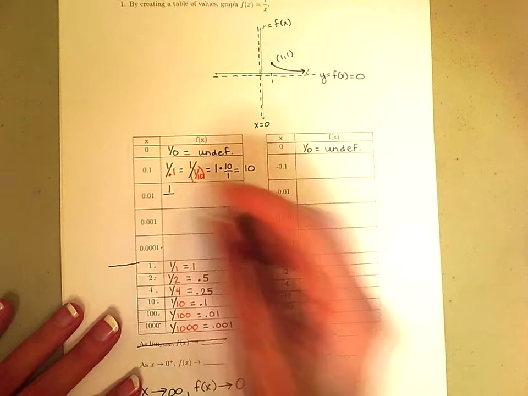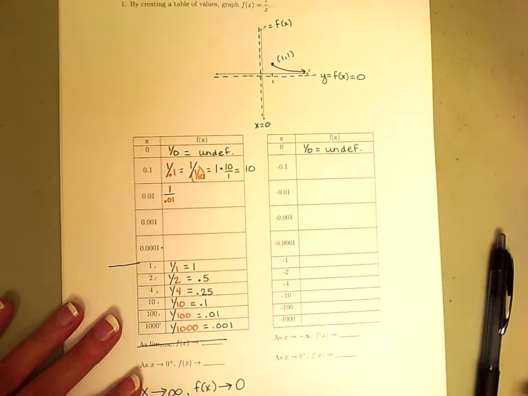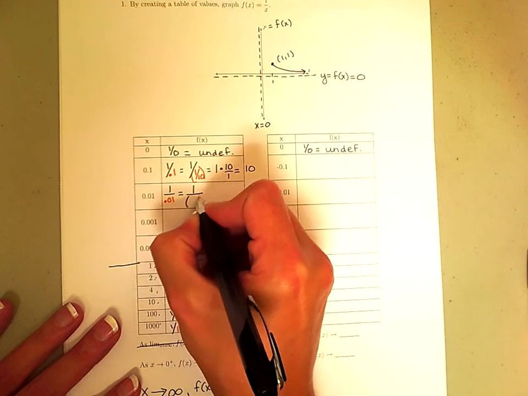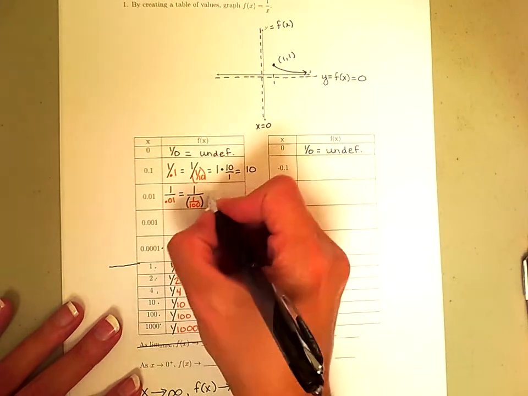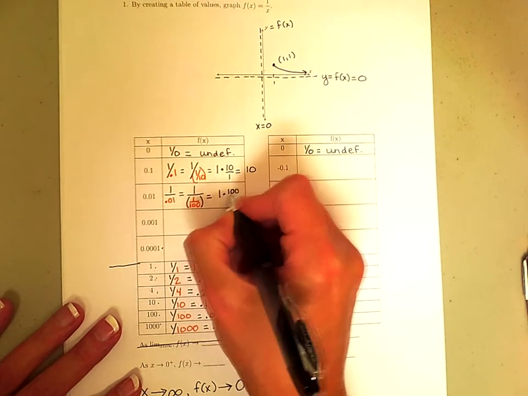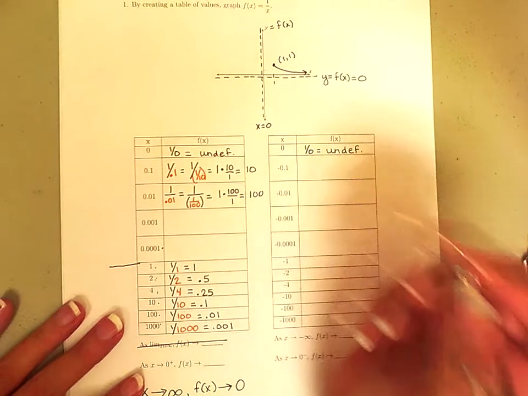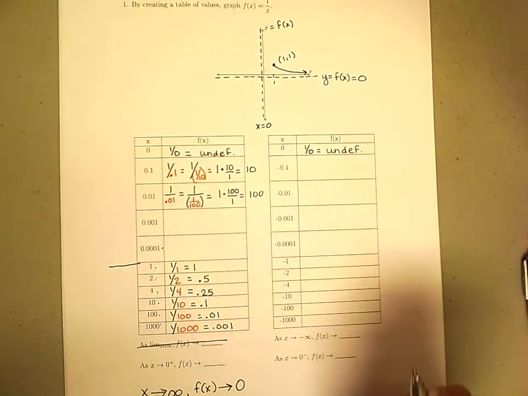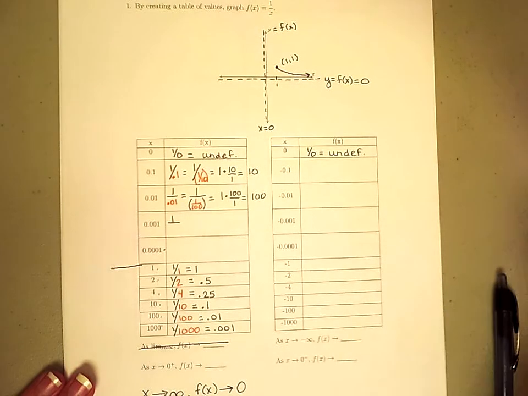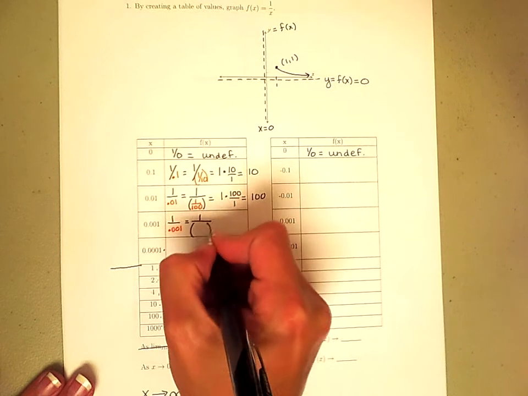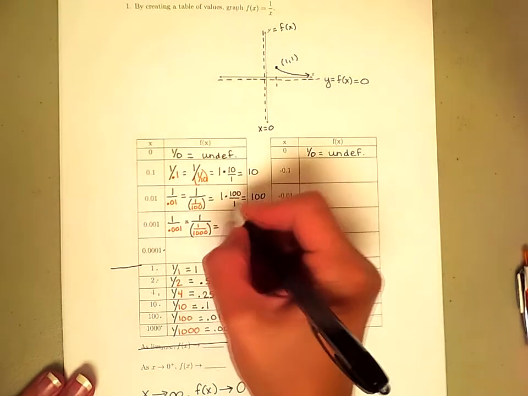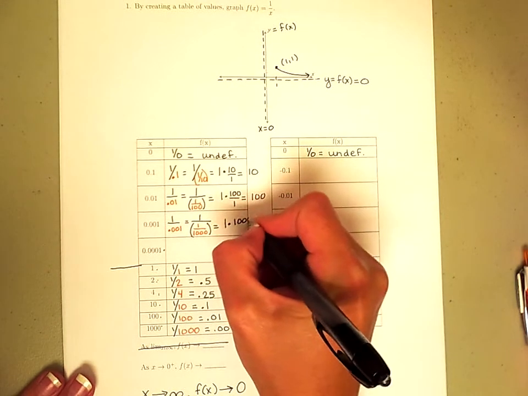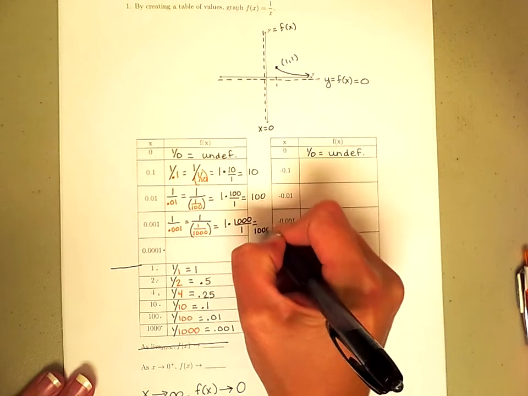Let's continue doing this. I could substitute in 0.01, which is equal to 1 divided by 1 over 100, which once we take the reciprocal is 1 times 100 over 1, which is just 100. Continuing on, now this is the tenths, hundredths, thousandths, so this is equal to 1 divided by 1 over 1,000, which, dividing fractions, I invert and multiply, so this is 1,000.